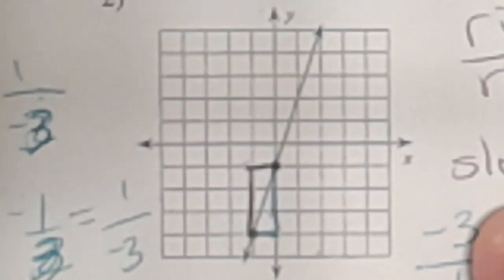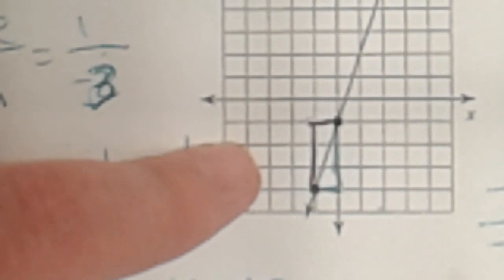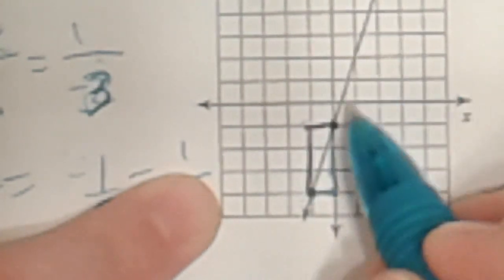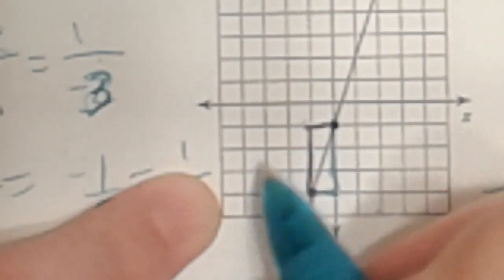If I look over at this one, again, remember that slope is rise over run. When it comes to graphing and finding a slope from a graph, I always use what I call the triangle method, because you literally just draw the triangle on it. So if I go from this point to this point, how many did I rise?